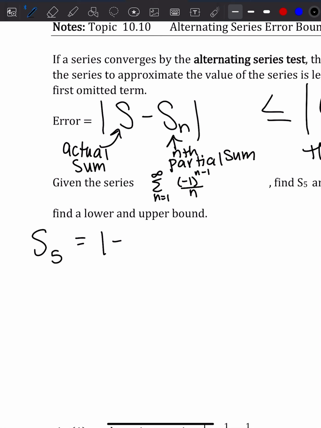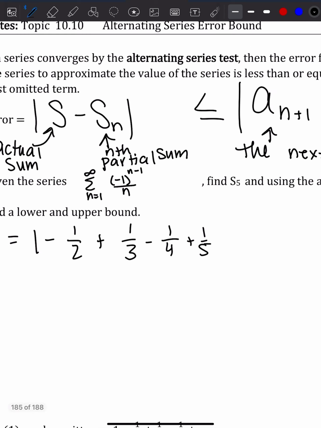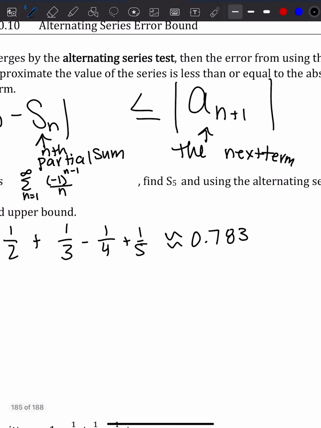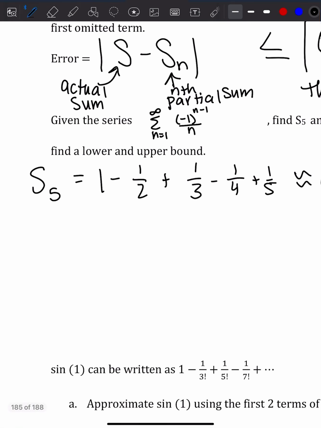So now we're looking at the denominator, so we have 1 over 2 plus 1 over 3 minus 1 over 4 plus 1 over 5. We want to add all of those together. So 1 minus a half plus a third minus a fourth plus a fifth. And if we figure that out, this is approximately 0.783 repeated. So that 3 is going to be repeated forever. So I'm going to leave it as 0.783.